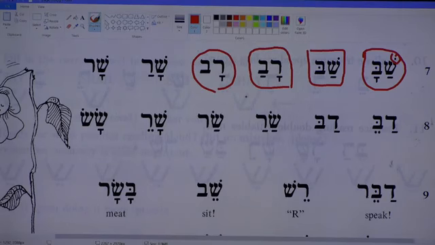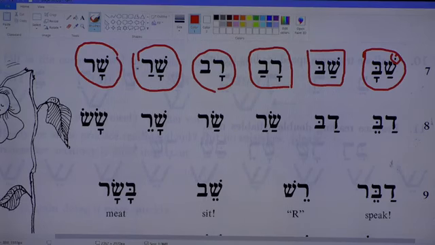All that vowel did is it wrote AH between it. Rav. Sha-ra. What's that one? Shar. Shalom. Shar.